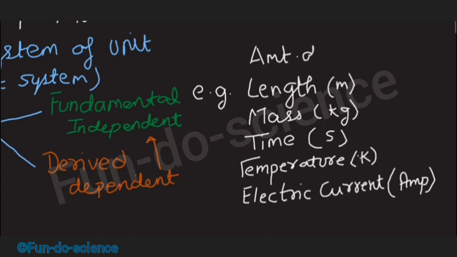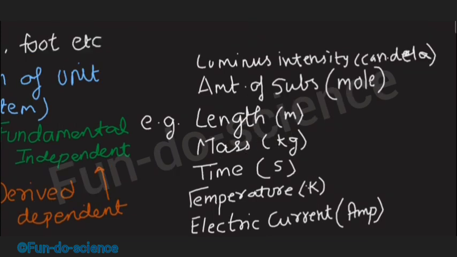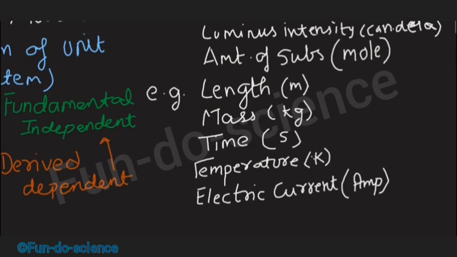That means how much amount of matter is present inside, which is measured in moles. And last one, shininess of any substance, which is also called luminous intensity. It is measured in candela. So these are 7 important fundamental quantities.